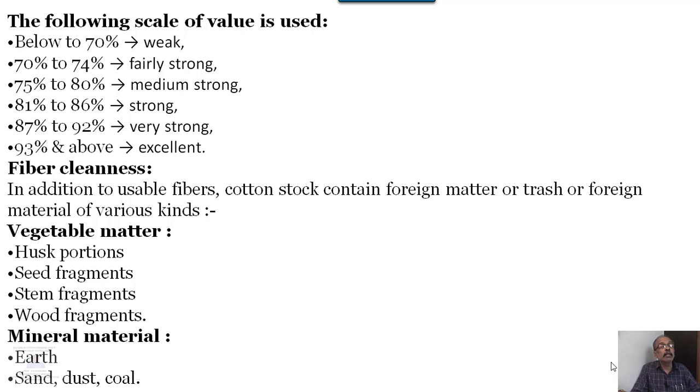Similarly, 70 to 74% is fairly strong, 75 to 80% medium strong, 81 to 86% strong, 87 to 92% very strong, and 93% and above excellent. That fiber has, sorry, a very excellent strength.